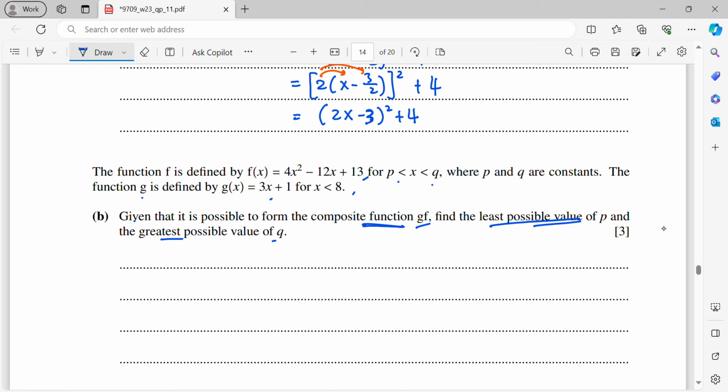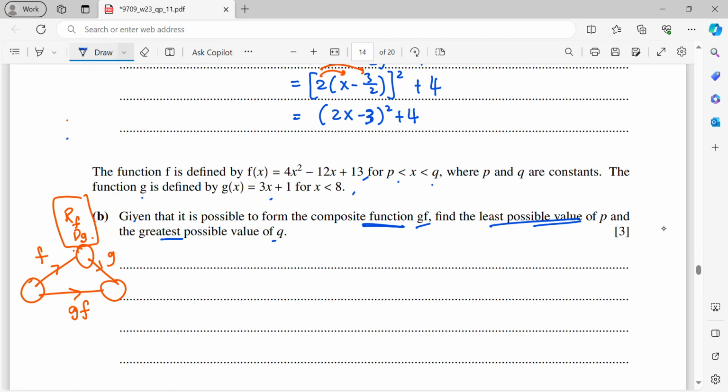So from here, composite function gf. When you refer to this diagram, here is gf. We start with f first, then followed by g. That means this is the range of f, and at the same time it's also the domain of g. So I have this idea: range f and domain g will be the same.